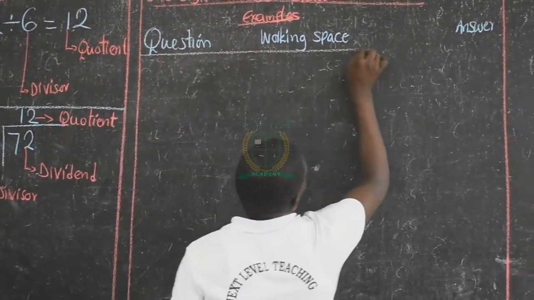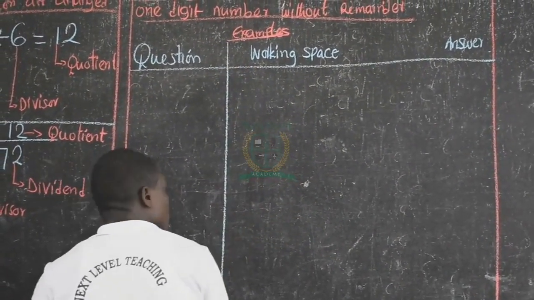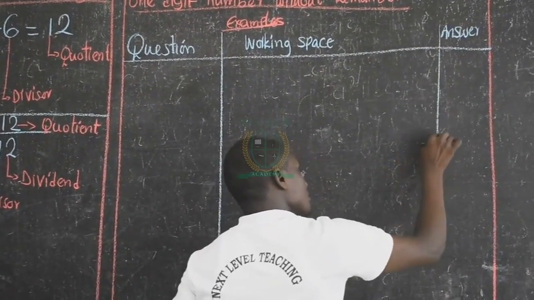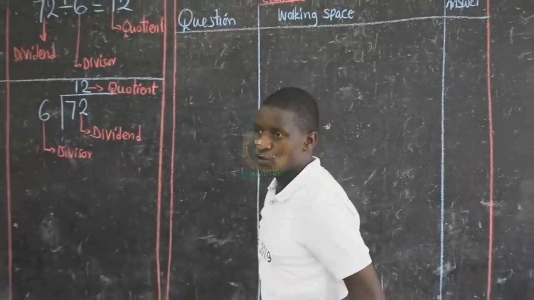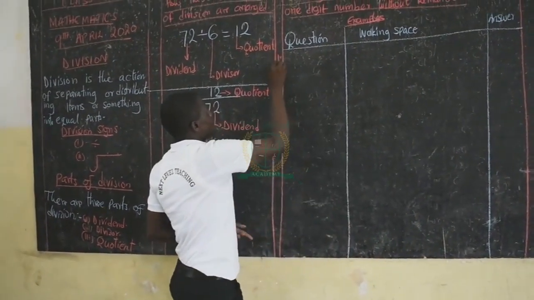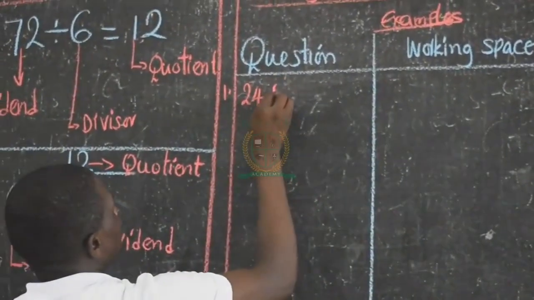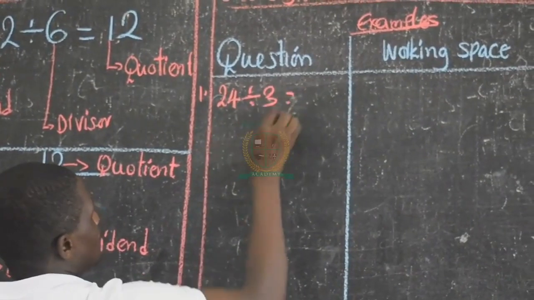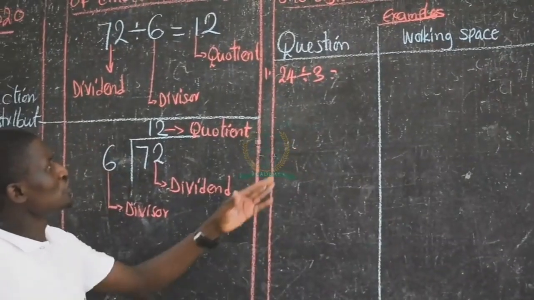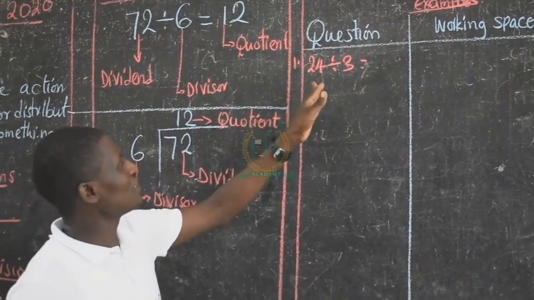We are given example number 1. They are saying 24 divided by 3. We are going to see how to divide 24 by 3.